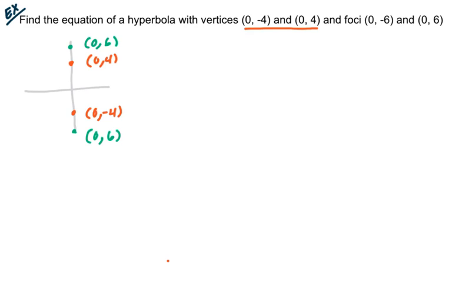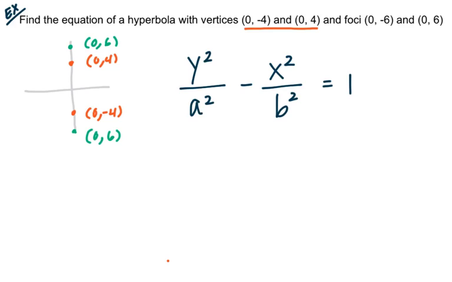So it's a vertical transverse axis hyperbola, which means the equation is y² over a² minus x² over b² equals 1. So y² comes first because this is a vertical hyperbola. Now, the a value comes from your vertices.